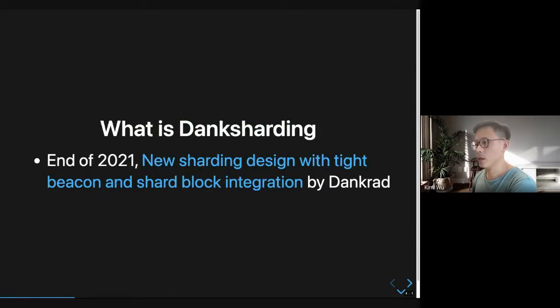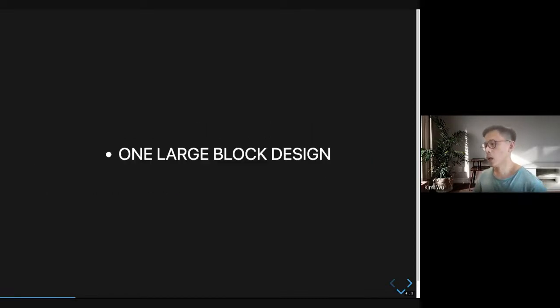So, going back to our topic today: what is Danksharding? Danksharding was proposed by Dankrad, an EF researcher, at the end of 2021. Basically, it is a one-large-block design, which means there are no shard chains anymore.